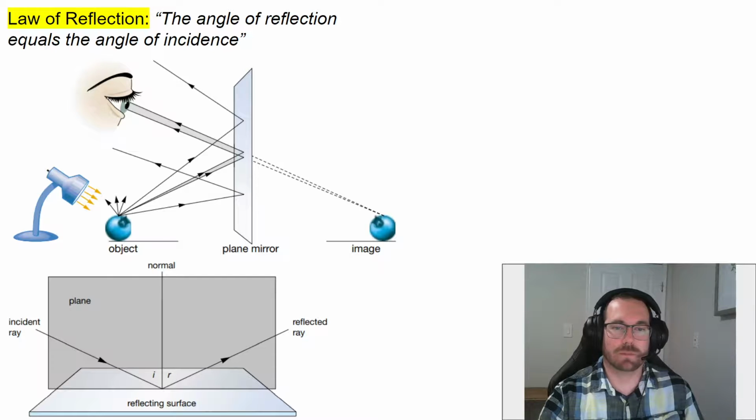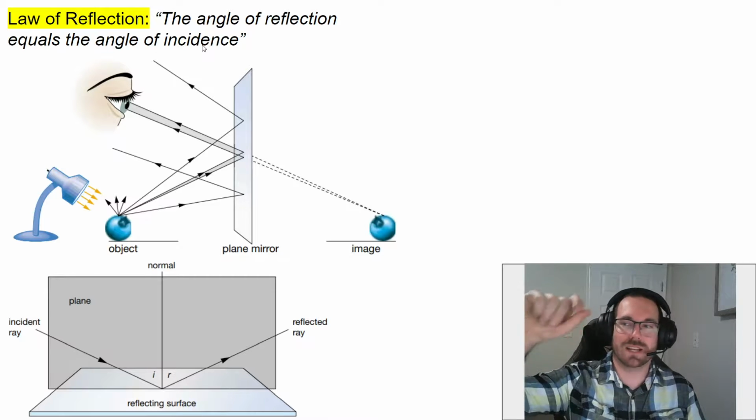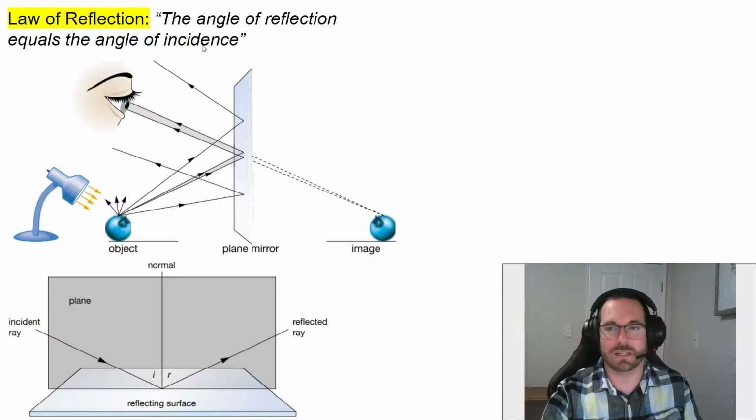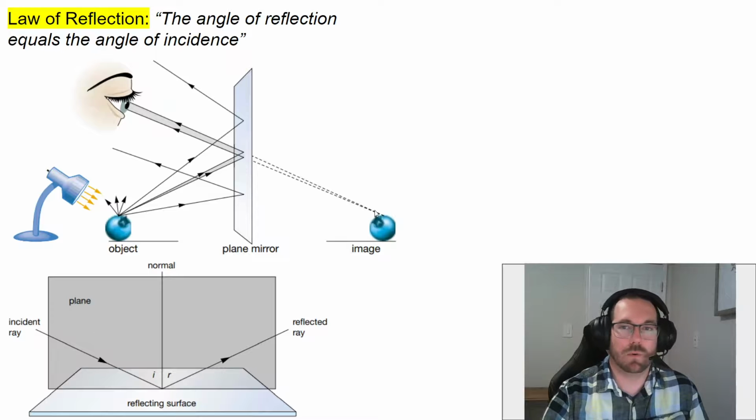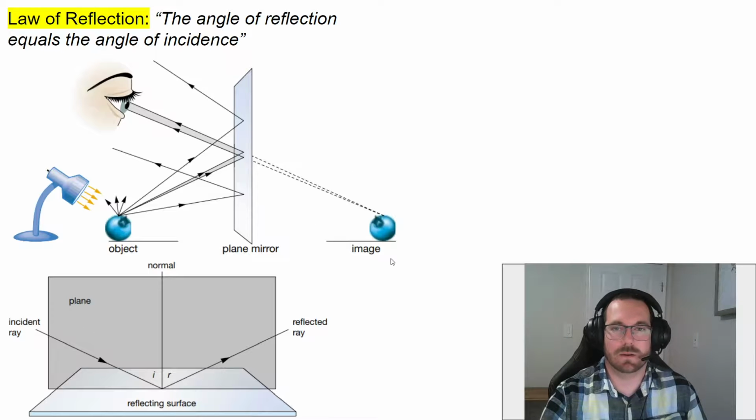All of the rays from the blueberry that strike the mirror reflect according to the law of reflection, and that is that the angle of reflection must equal the angle of incidence. In other words, whatever angle it hits the mirror at is the exact same angle it has to come off at. The rays that reach our eye appear to be coming from a point behind the mirror.